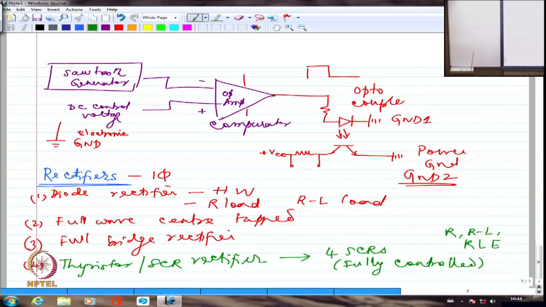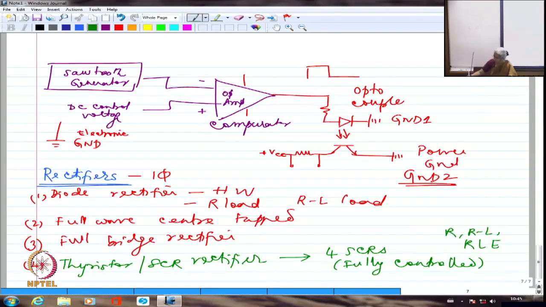And in this we'll have to derive the expressions, we'll have to look at the waveforms, we have to look at the different factors like power factor, how that is affected, right? And we would also see the fundamental current and fundamental voltage, that is the 50 Hertz current and 50 Hertz voltage, and what is the displacement between them. All those things we'll look at.